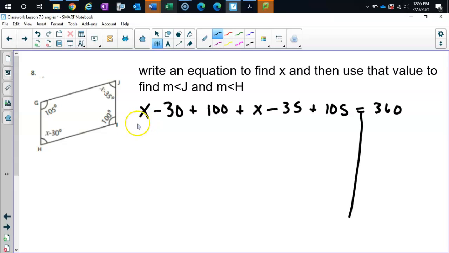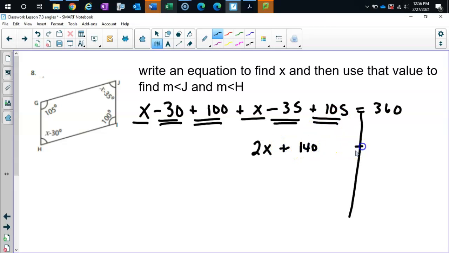Now, pay attention to how we solve this. X plus x is 2x. Negative 30 plus 100 minus 35 plus 105. Pay attention to how I just said this. This is what you should have typed into your calculator. Negative 30 plus 100 minus 35 plus 105 gives you positive 140.